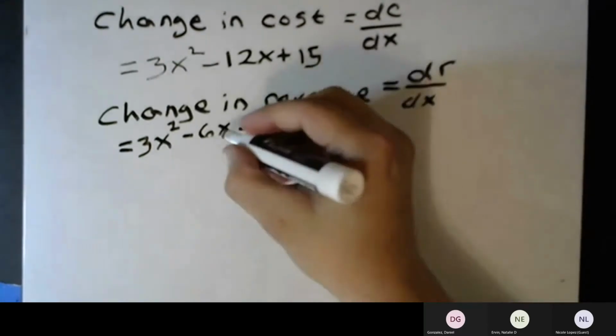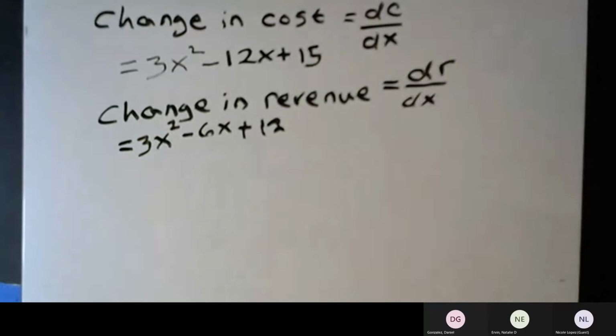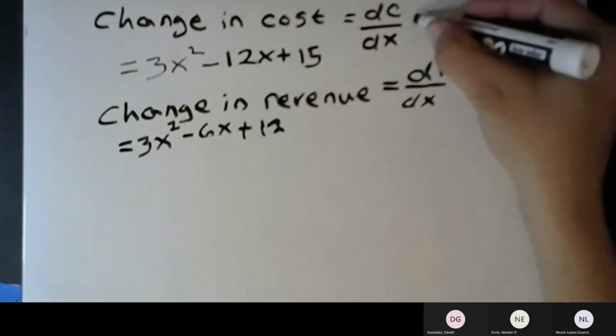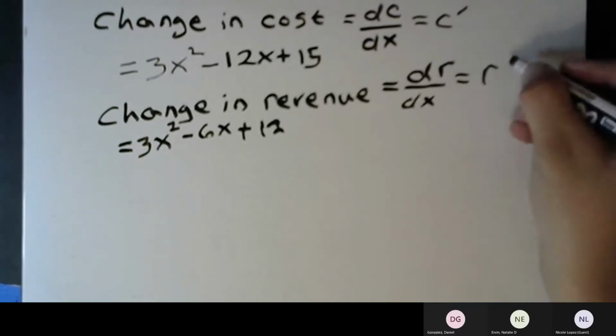So what we can do, and we'll use what they use in the text, we'll call this C prime and call this R prime.